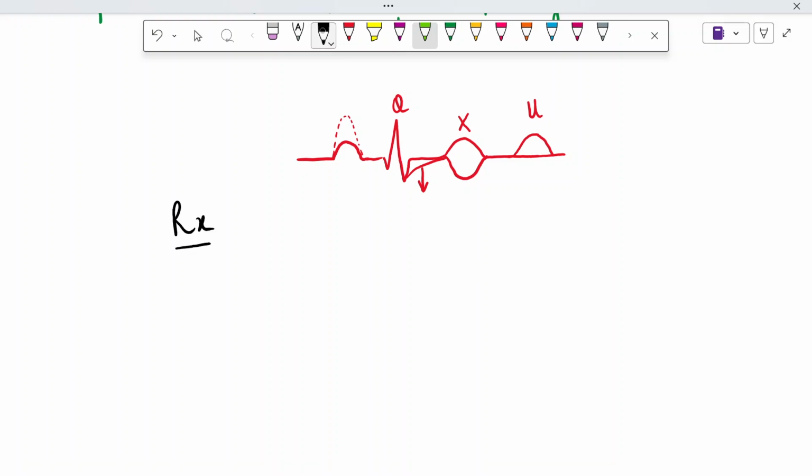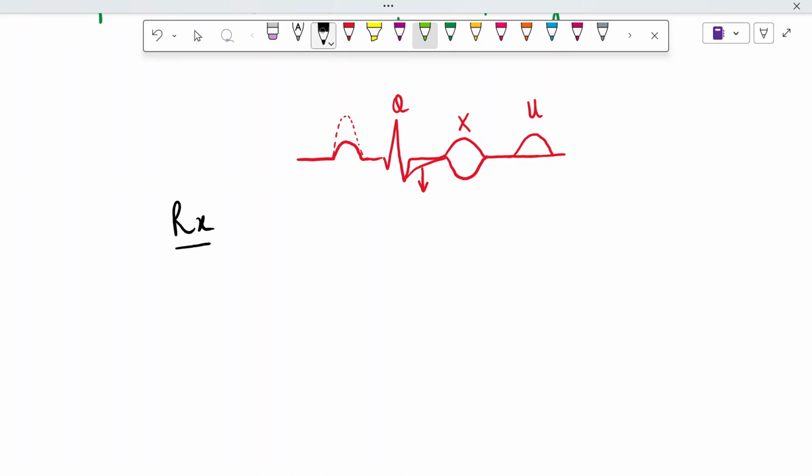First of all, one more important thing is that hypokalemia can trigger ventricular arrhythmias known as torsades de pointes, and it's a very deadly ventricular arrhythmia because it results in sudden death of the patient. Not only hypokalemia, but hypomagnesemia can also result in the same kind of ventricular arrhythmias, right? So let's talk about the treatment aspects.